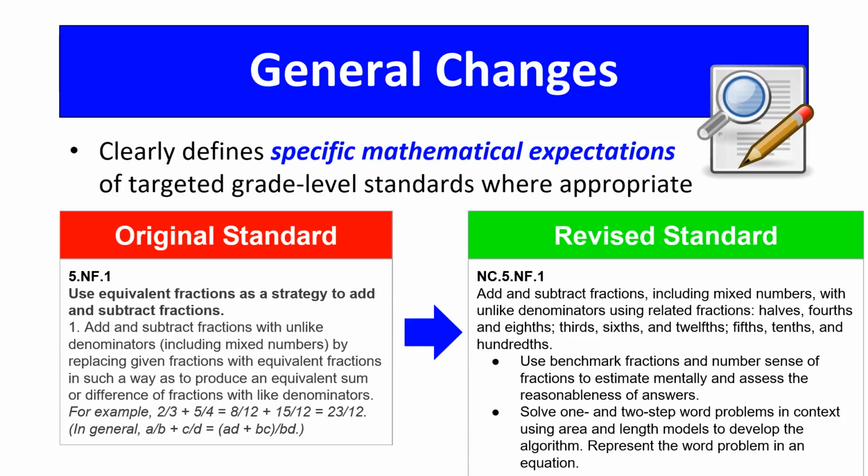This means that the denominator of one of the fractions is a multiple of the other fraction, so only one of the fractions needs to be changed to an equivalent fraction to add or subtract. For example, students are expected to add halves, fourths, and eighths together, thirds, sixths, and twelfths together, or fifths, tenths, and hundredths together. But students would not be asked to add or subtract fourths, fifths, and thirds together.